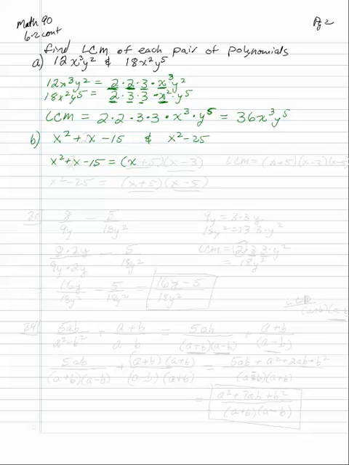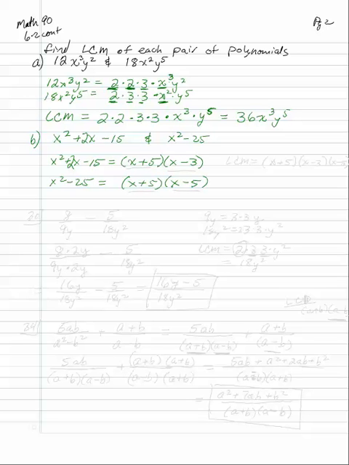Oh, I'm sorry, I meant to do 2. So that'll be 3 and 5. So that would be x plus 5, x minus 3. And then for the second one, that's the difference of squares. So it's x plus 5, x minus 5.